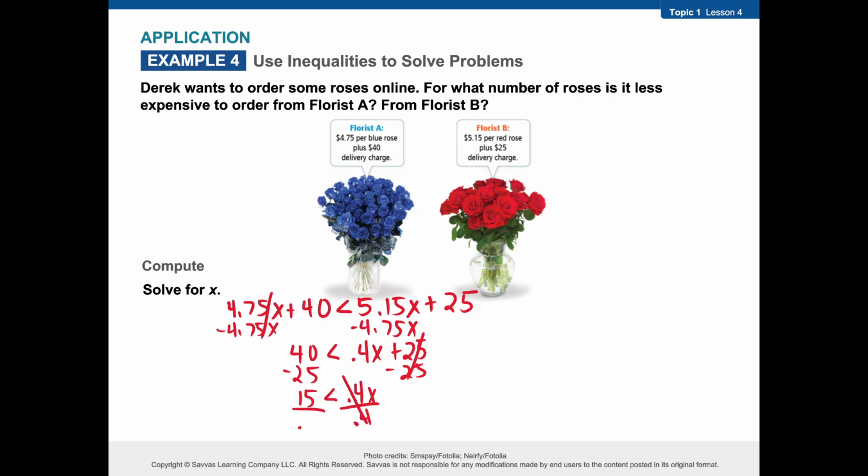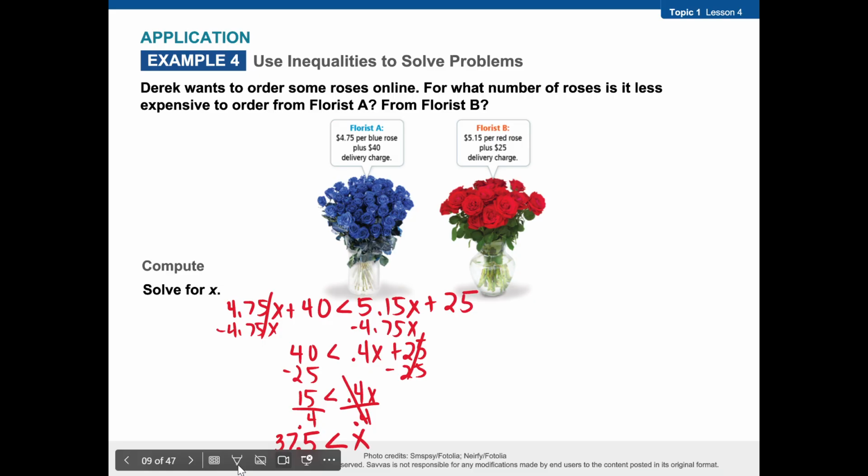Divide by 0.4. This is extremely, extremely important. Leave the variable on the right side. So 15 divided by 0.4 is 37.5, less than. You got to keep the inequality where it's at. You got to keep the variable where it's at.